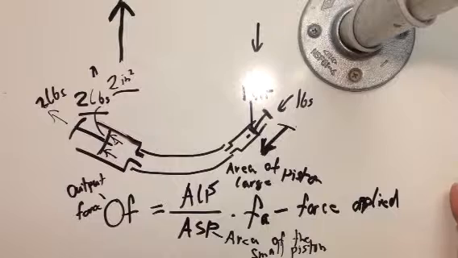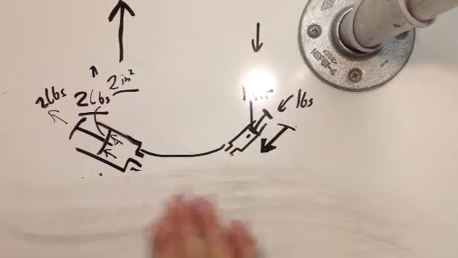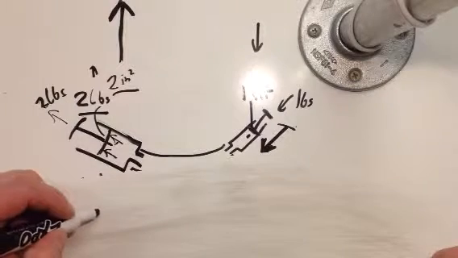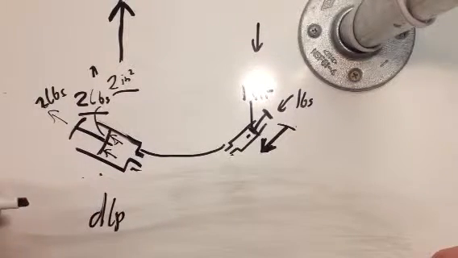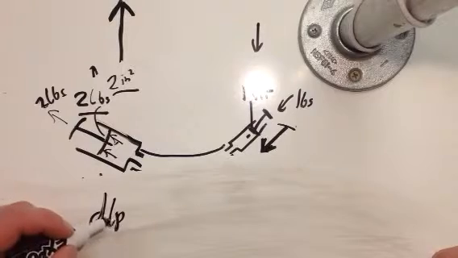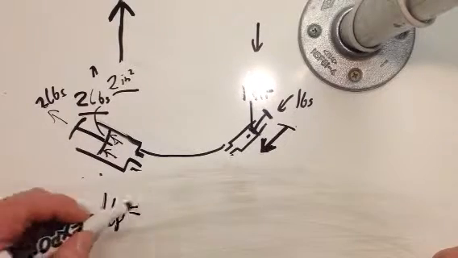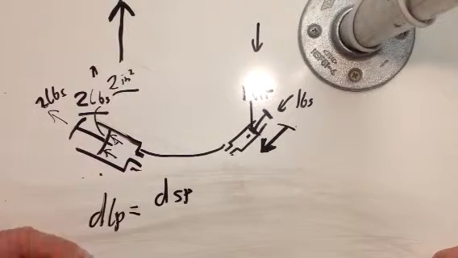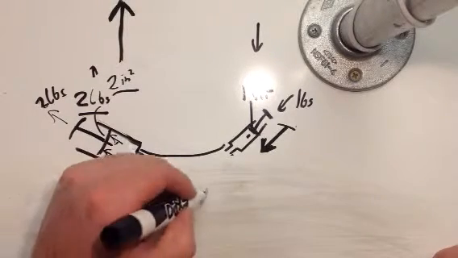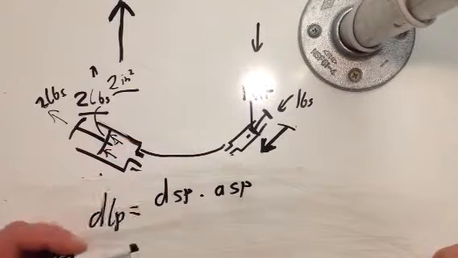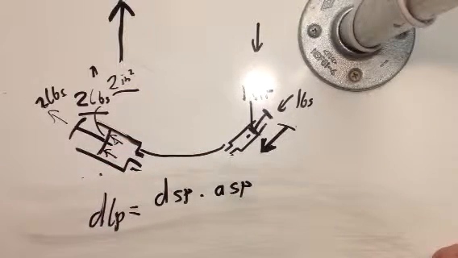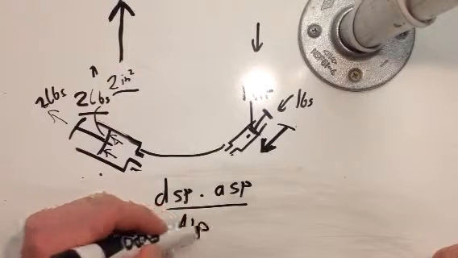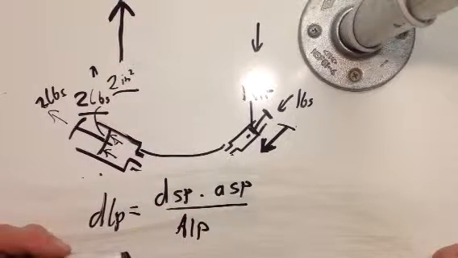Okay? And for that reason, I would like you to learn another formula for how far it goes. This one is going to be DLP, the distance the large piston moves, equals DSP, the distance that the small piston actually moves, times ASP, the area of the small piston, divided by ALP, the area of the large piston.